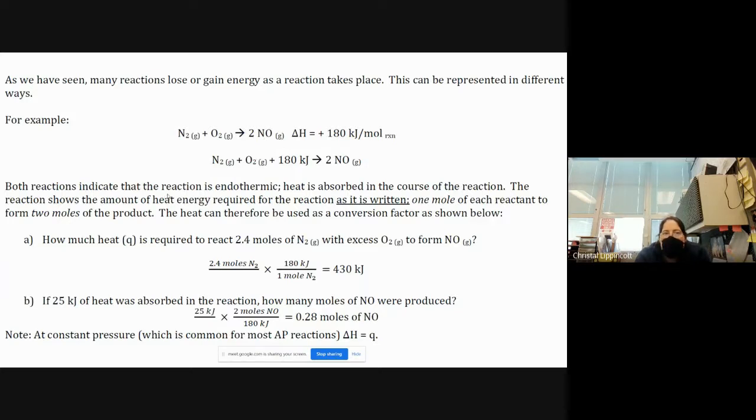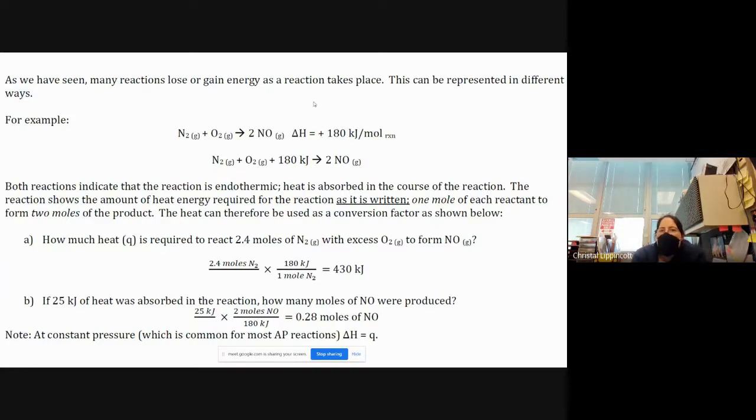So for both reactions here, when you input energy in, you can almost think of it as a reactant. And that's what you're going to be doing when we get into the next unit, which is equilibrium, because this heat is going to change. If you add heat or take heat away, it'll change which direction the reaction will run. So you've got to start thinking of heat as almost being a reactant or a product.